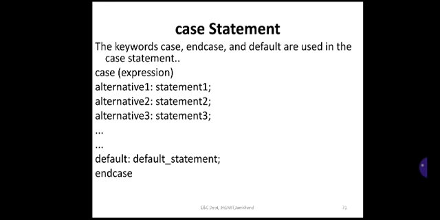If the expression matches alternative 1, statement 1 or its block is executed. If it does not match, it compares with the second alternative. If it matches the second, statement 2 or its block is executed. If the first and second are not matched, it goes to the third one. When it matches the third alternative, it executes statement 3 or its block.